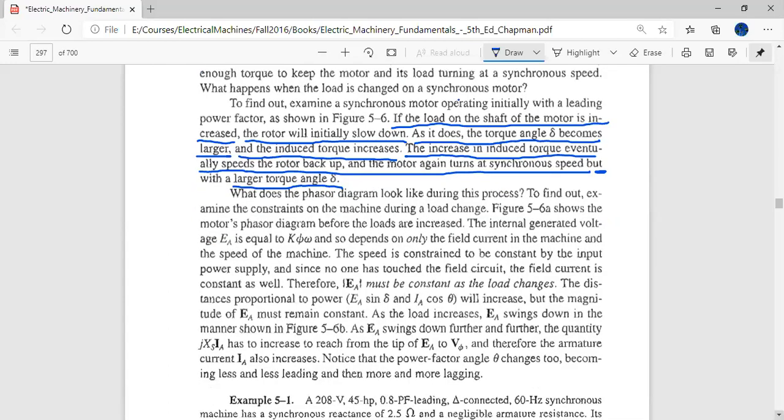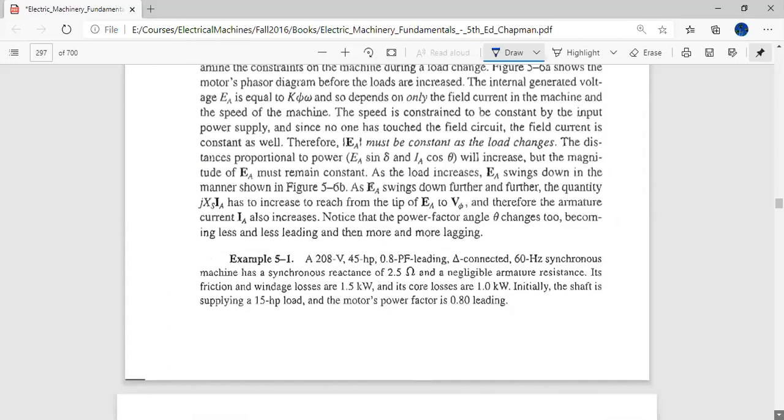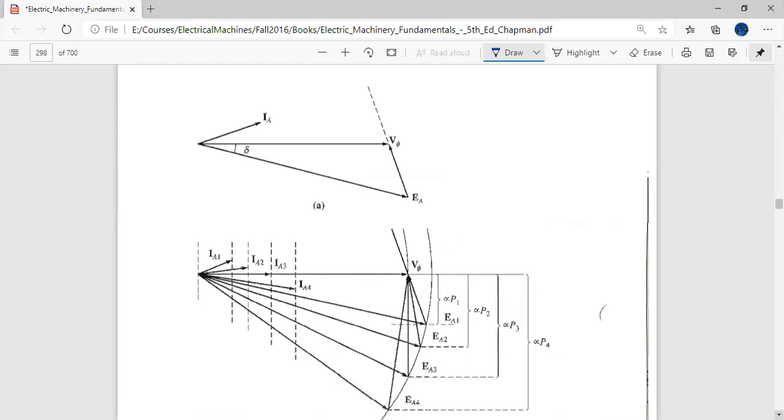So how does the diagram with the loading changes look for a synchronous motor? This is now a synchronous motor, for some average case in which the armature current is IA and the motor is running at a leading power factor.